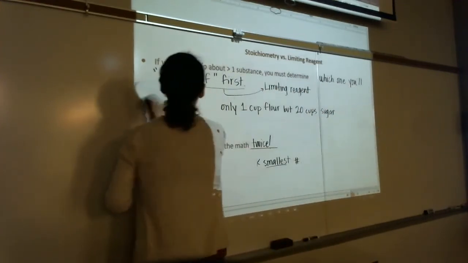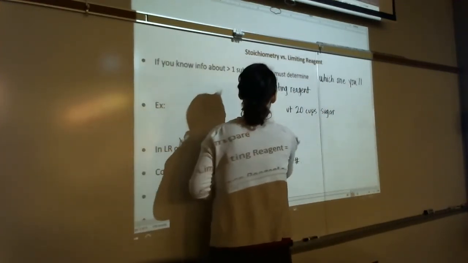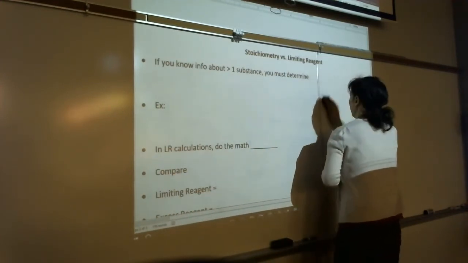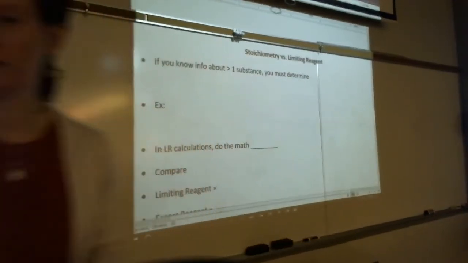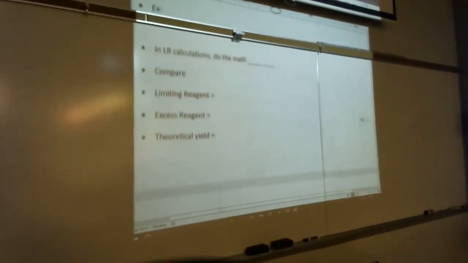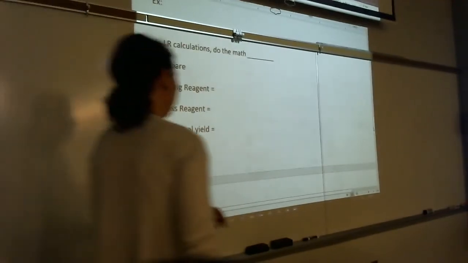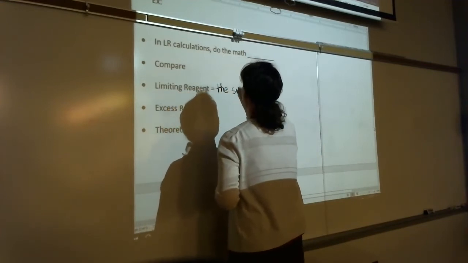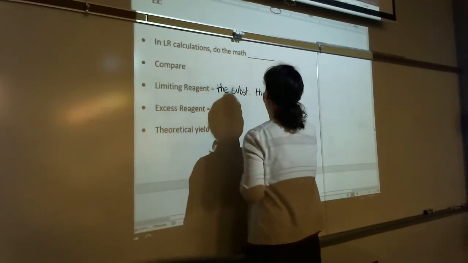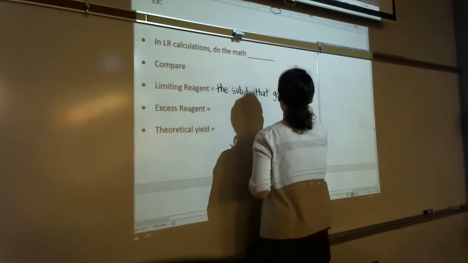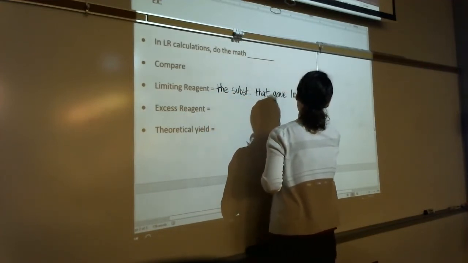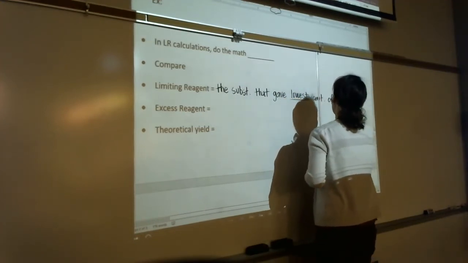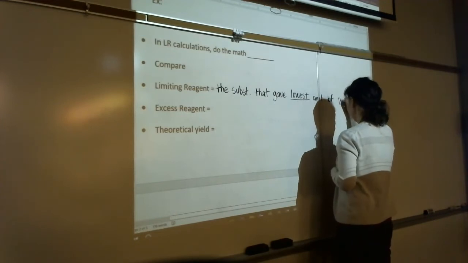All right, so when we do our calculations, you do them twice. You pick the smaller number, and then the limiting reagent. The limiting reagent is the substance that gave the lowest amount of product.